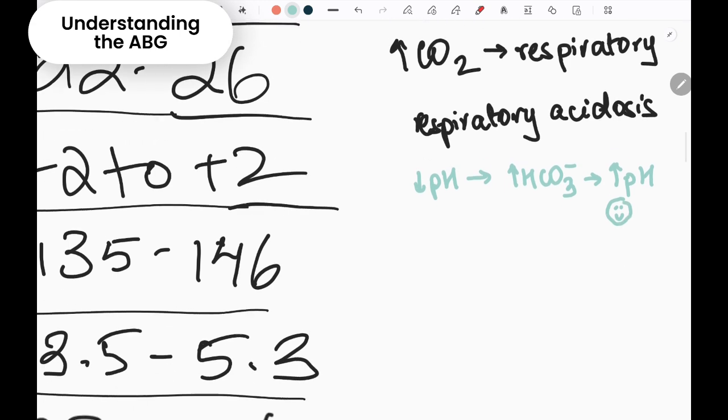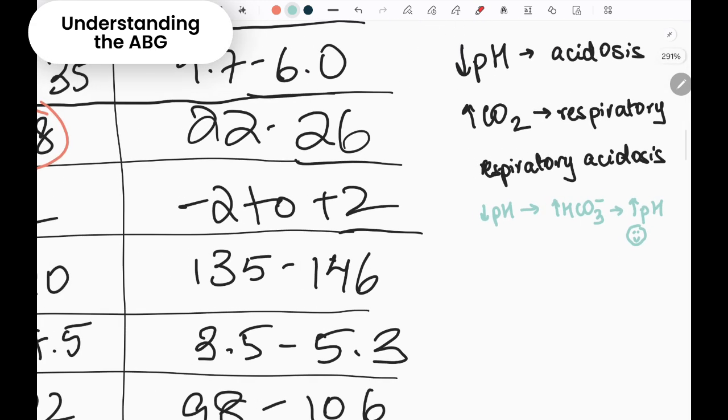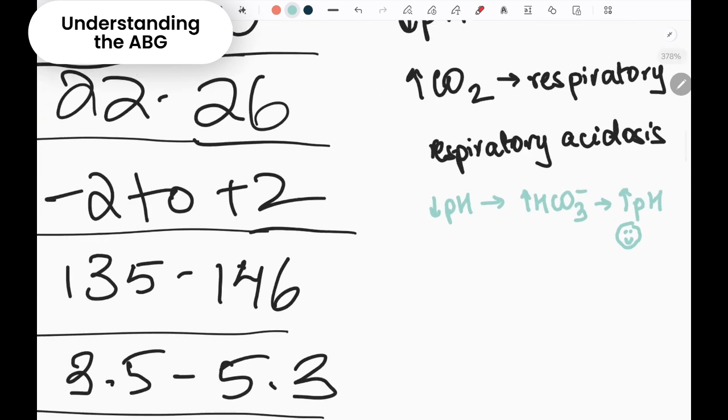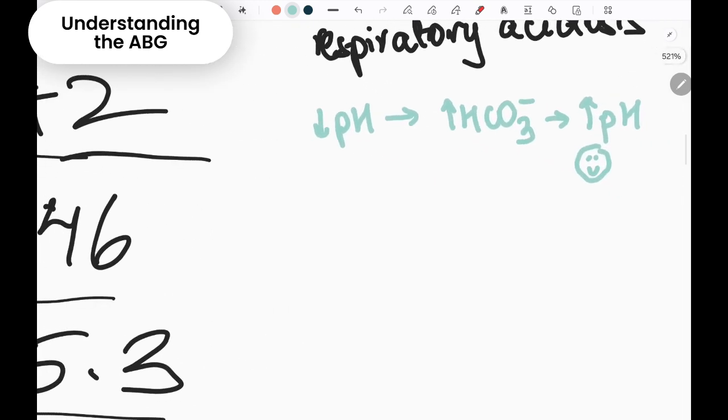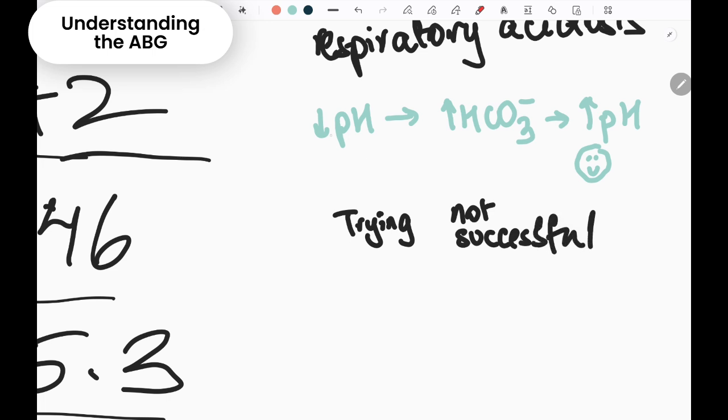But this doesn't always happen, and in this case, it's not happening. So what happens when it doesn't happen? What do we say, or what do we classify that as? So here the body is trying, but is not successful. So we call this compensation.